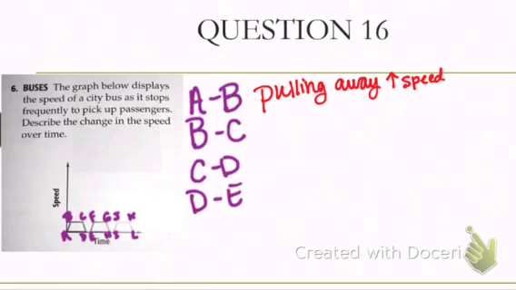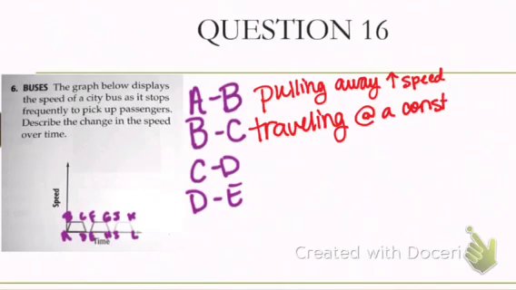From B to C, the speed remains constant, so we're traveling at a constant speed. So we're not getting any faster, we're not getting any slower, we're traveling at a constant speed.